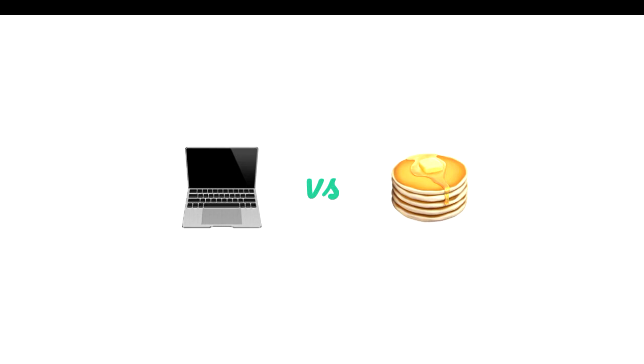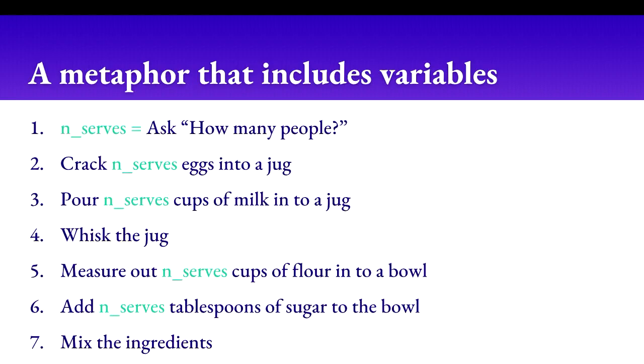And if you compare them, there's a big difference. At the end of a recipe, you always get the same thing. But at the end of a computer program, you can get a different thing, depending on what the input was. And so here's a metaphor that's similar, but uses variables. The first step is to ask, how many people are we serving pancakes to? Then we crack n serves of eggs into a jug, then pour n serves of cups of milk into a jug.